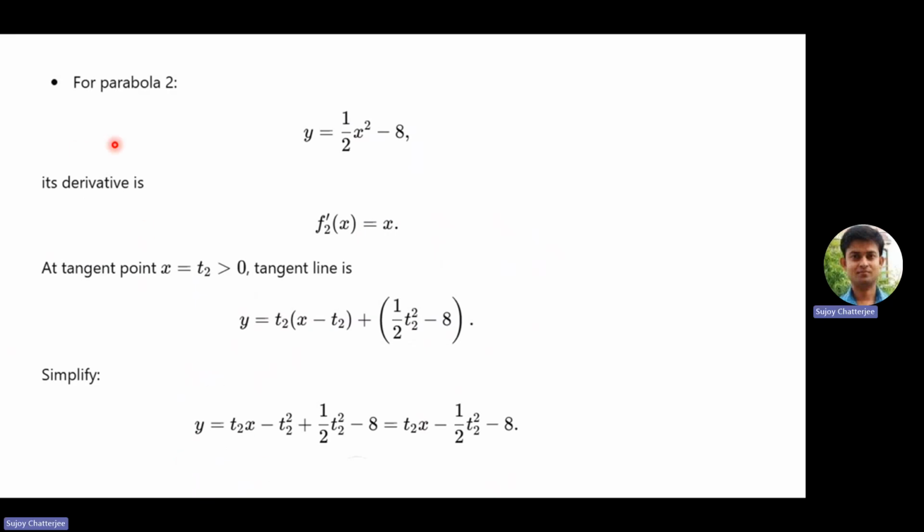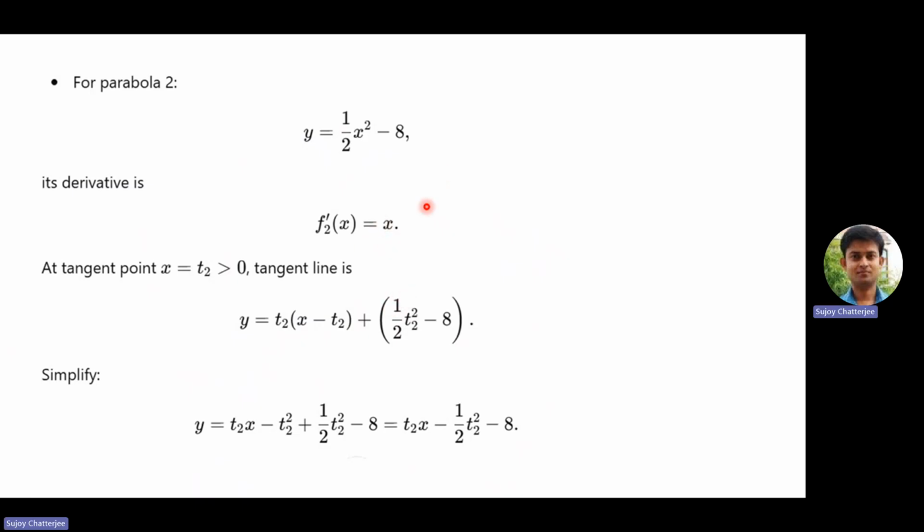Similarly, for parabola 2, we have y is equal to 1 by 2 x square minus 8, and its derivative will be x only, because for x square it is 2x divided by 2, 2 gets cancelled, so it's just x, and 8 gives 0. Now at tangent point x equal to t2 greater than 0, the tangent line will be given by y is equal to t2 into x minus t2 plus half of t2 square minus 8.